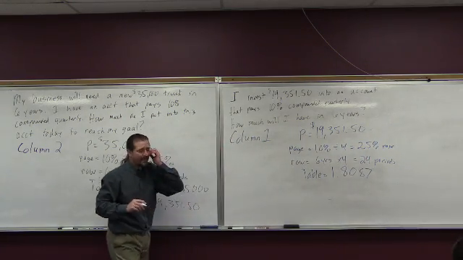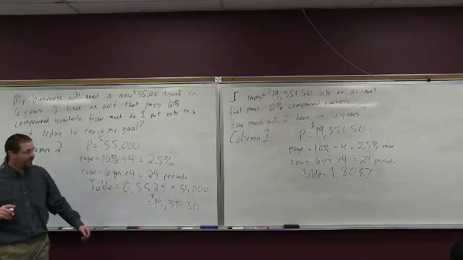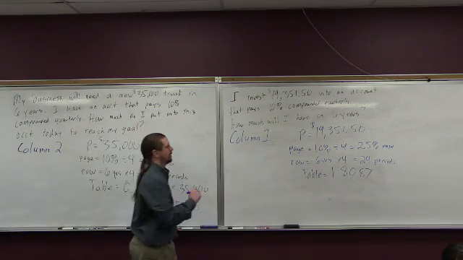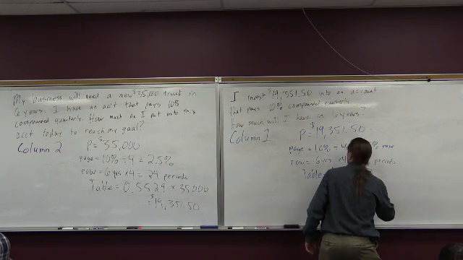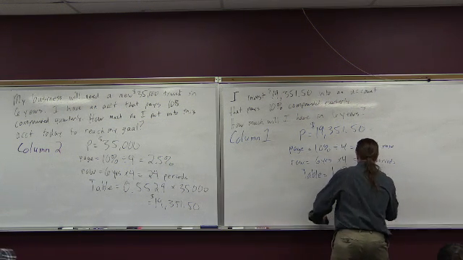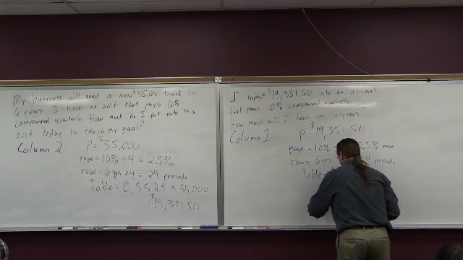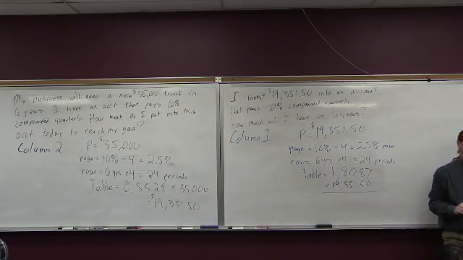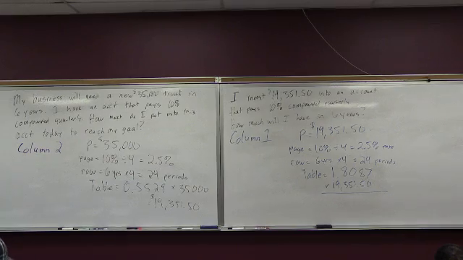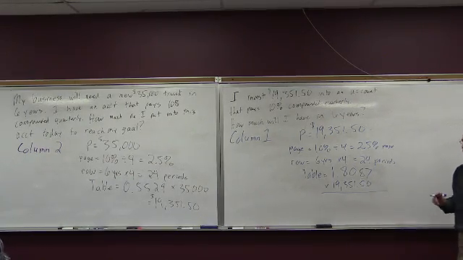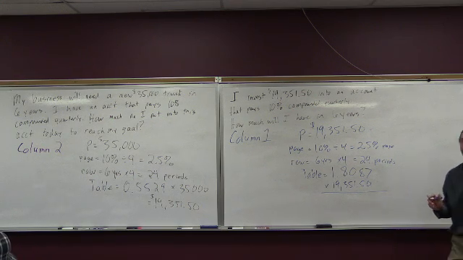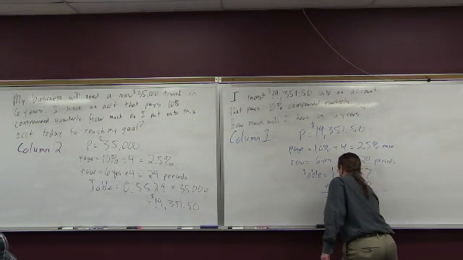8087, multiply by your $19,351.50. And what does it turn out to be? $35,001.06.